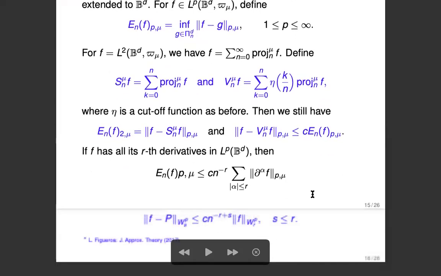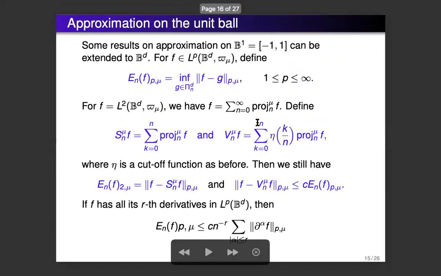So you also have this. If f has all the rth order derivatives, then you still have this thing holds. So you forget about the norm, you still have n to the negative r. So everything should work just like in one dimension.